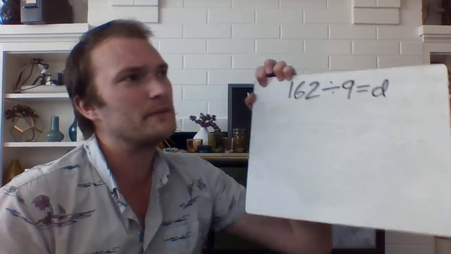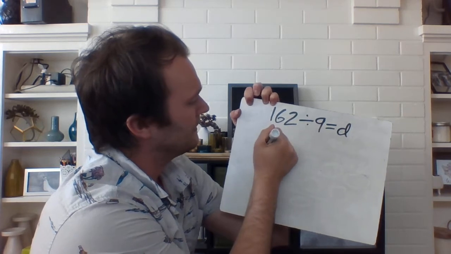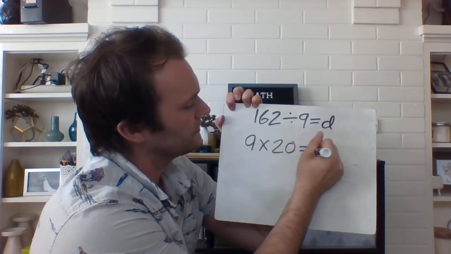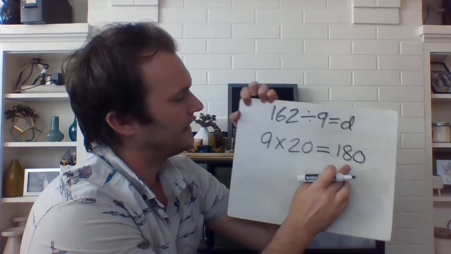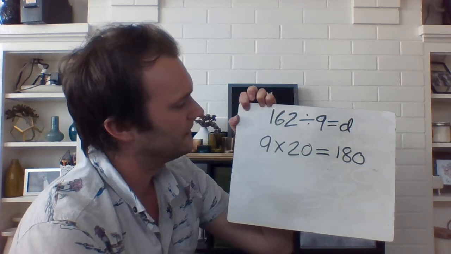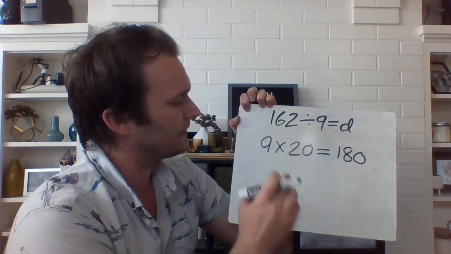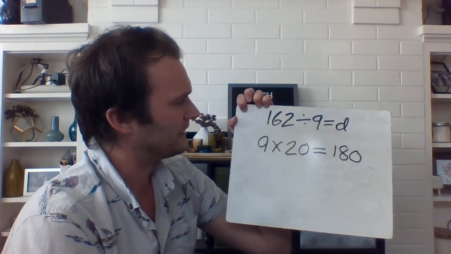So I'm going to go back to what I was thinking about earlier, where I said, I know that 9 times 20 equals 180. And so I'm looking at 180, and I know that's bigger than 162, but, well, I can start subtracting groups of 9 until I get to 162.